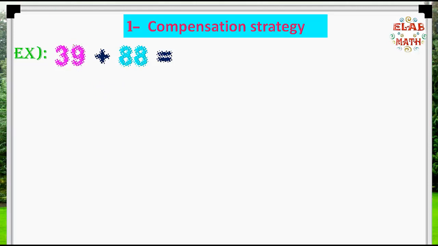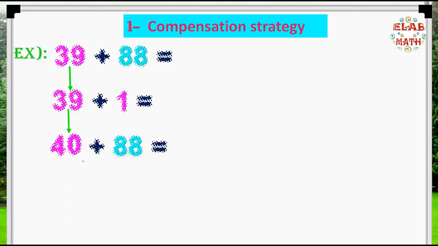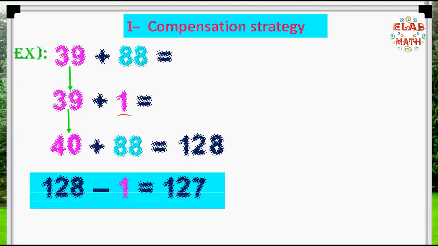If we add 1 to 39, it will be 40. You can add 40 plus 88 equals 128. We said you should subtract the same number from the sum. So you should write here 128 minus 1 equals 127.